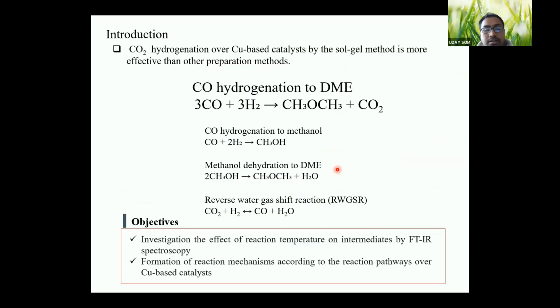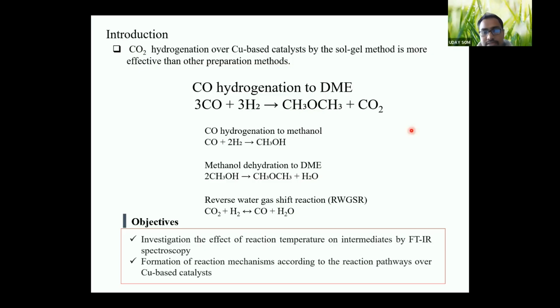In these slides, I look at DME production. Firstly, we need to know that DME is produced by two different methods: direct synthesis and indirect synthesis.